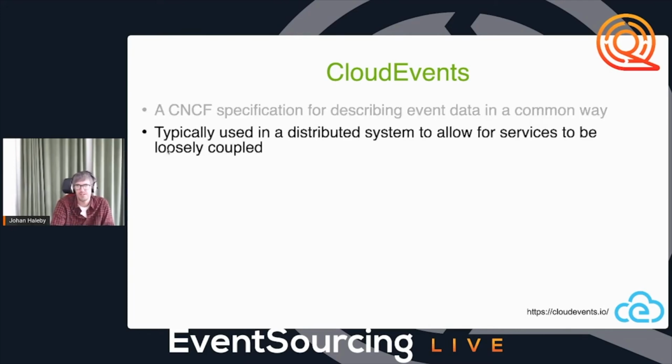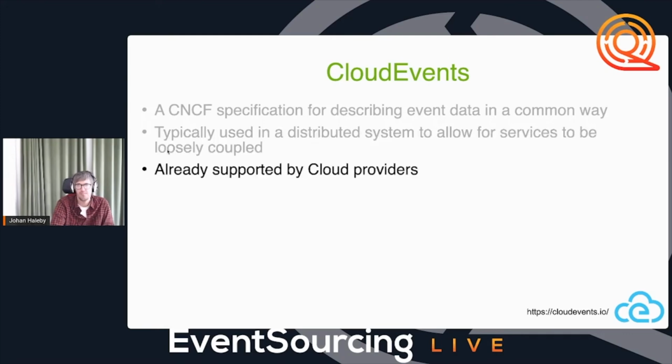So typically they're used in a distributed system to allow for services to be loosely coupled. And they are already supported by several cloud providers that know about cloud events natively, and I think this is pretty cool.